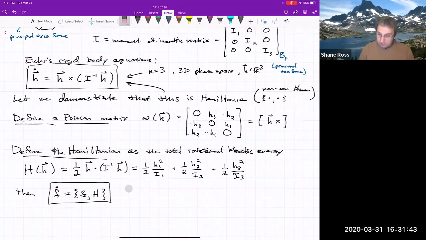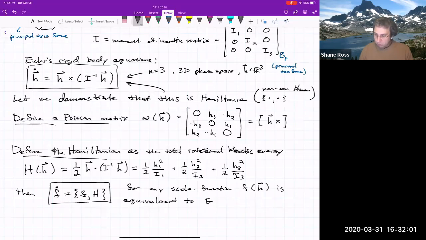So maybe just say that then. This, for any scalar function f as a function of angular momentum, is equivalent to Euler's rigid body equations.